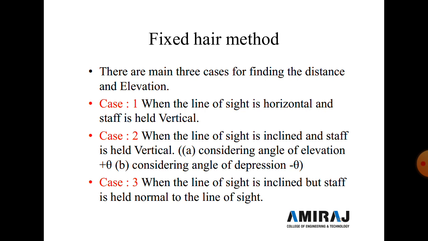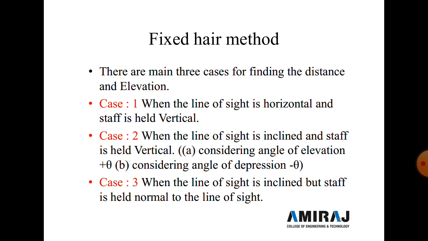A positive sign shows the target point is above the horizontal line of sight, and a negative angle means the target point is below the horizontal line of sight.